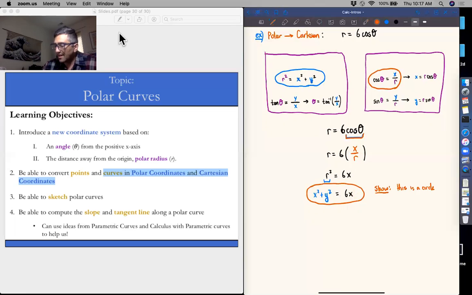So let's do a little bit of algebra here. The first thing I'm going to do is subtract that 6x from both sides. So on the left-hand side I have x squared minus 6x, plus y squared, and on the right-hand side we have a 0. You might be wondering, why did we do that?